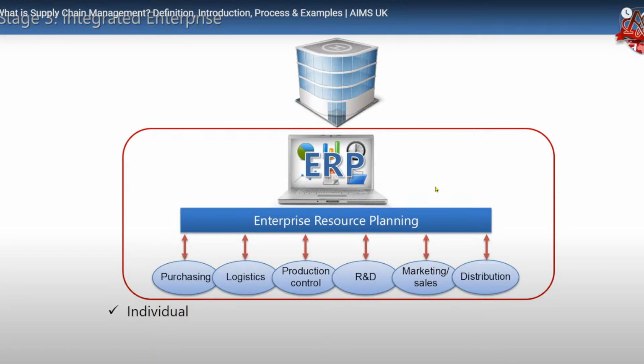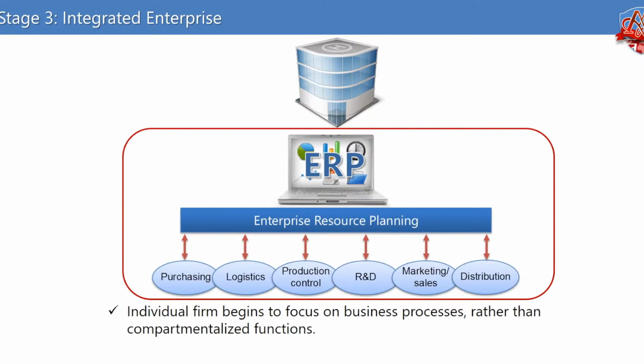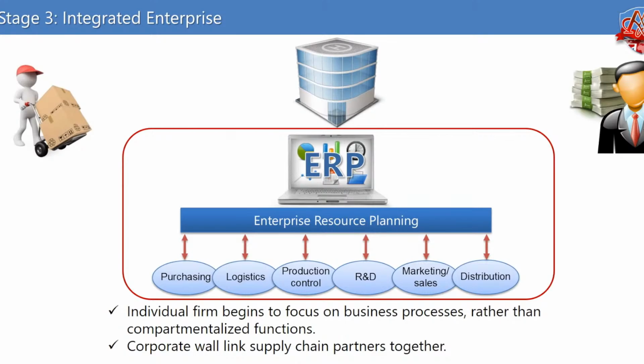Marketing, distribution, purchase, production control, R&D. Almost all domains have to be integrated. It is integrated to enterprise resource planning. The firm begins to focus on business processes rather than compartmentalized functions. Corporate walls link supply chain partners together.